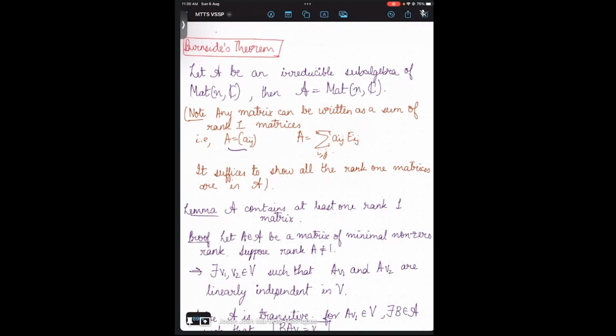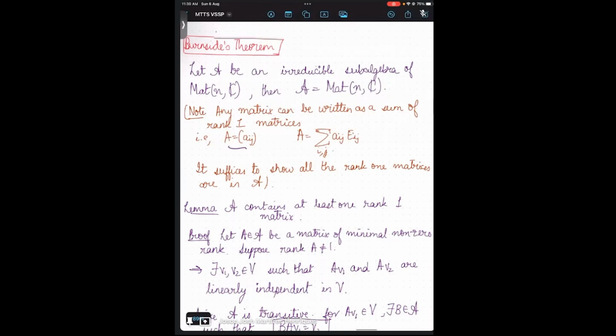So I pick that matrix which has a minimal non-zero rank, and I claim that that matrix would in fact have rank exactly 1 in an irreducible subalgebra. So what if that does not have rank 1? That is, what if that minimal non-zero rank matrix has a rank strictly greater than 1?